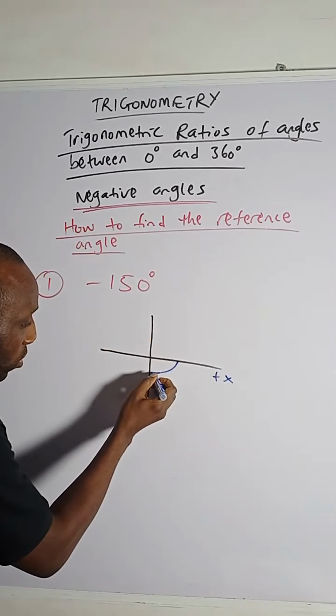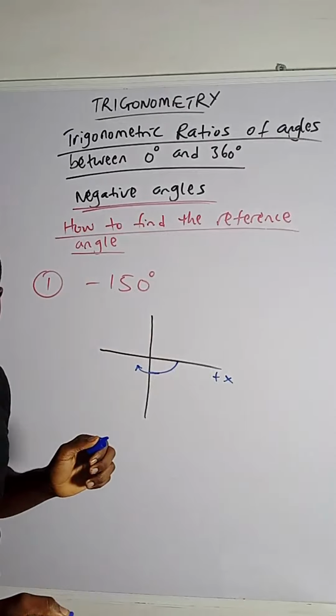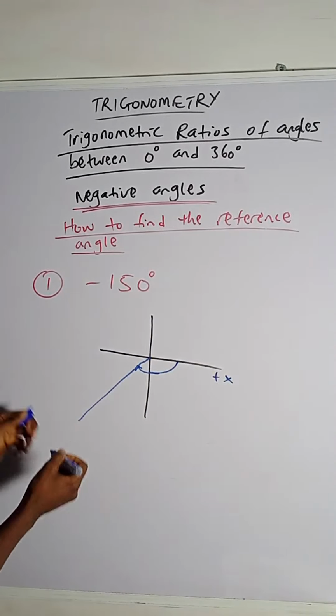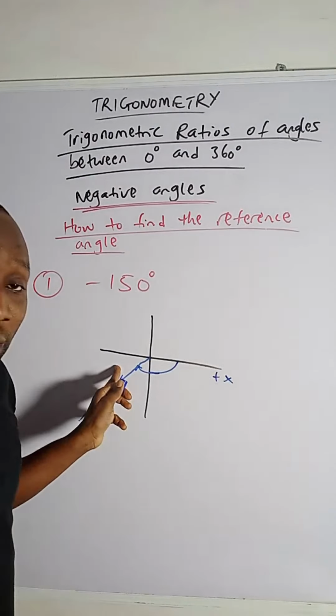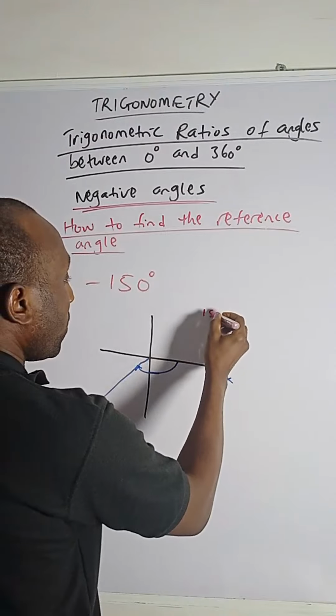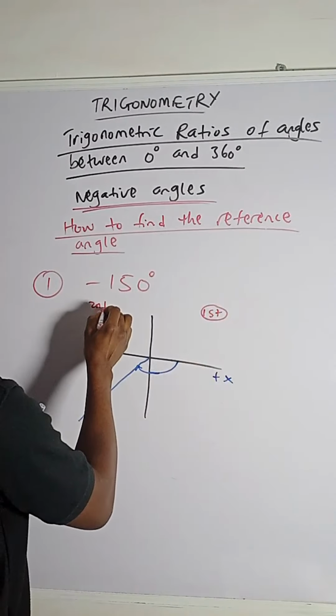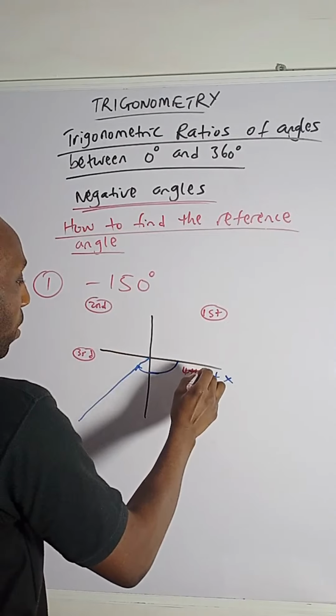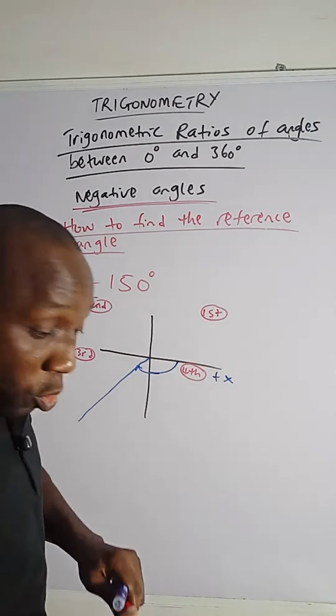So we stop somewhere here. This lands in the third quadrant. This is the first quadrant, this is the second, this is the third, and this is the fourth quadrant.